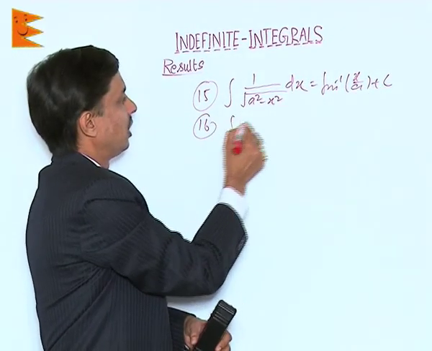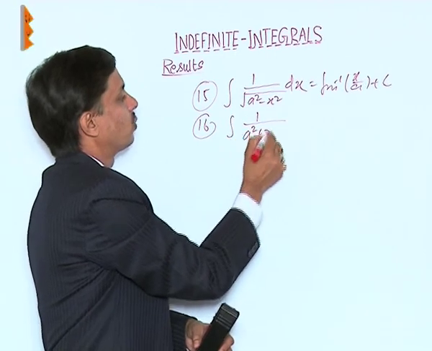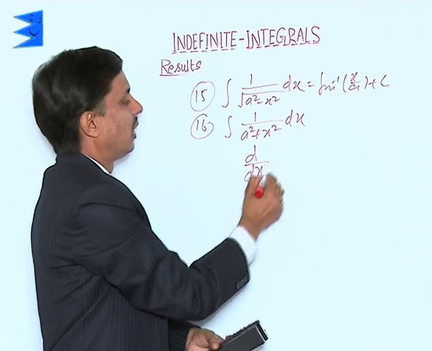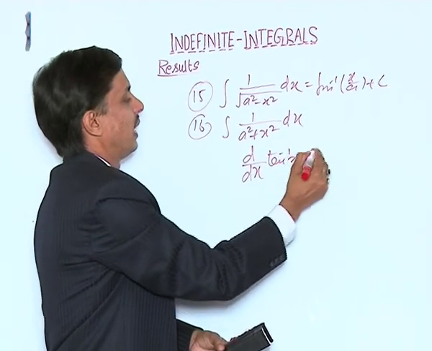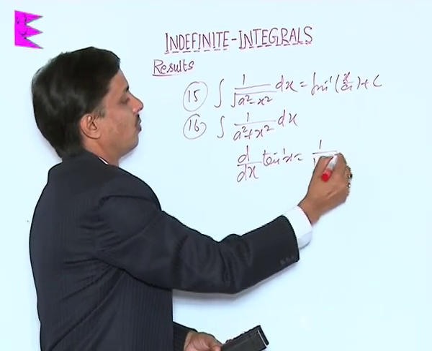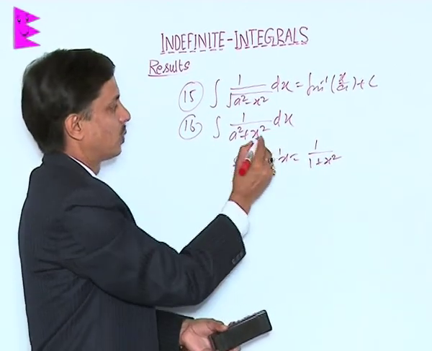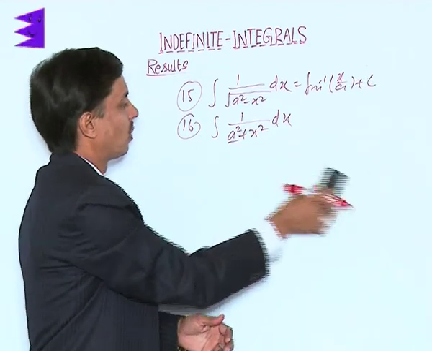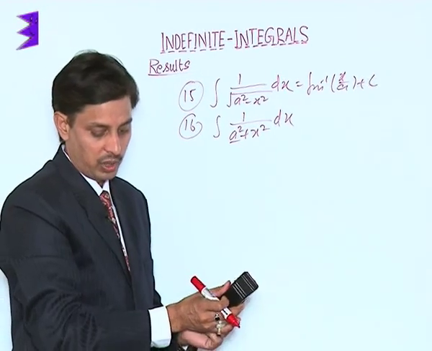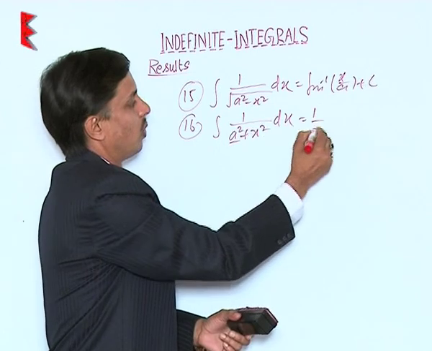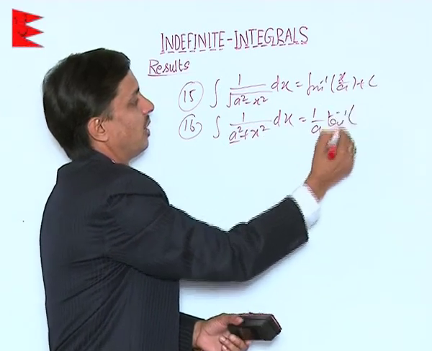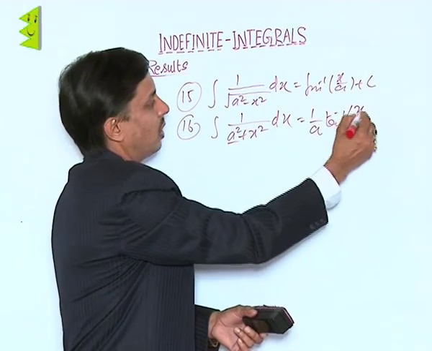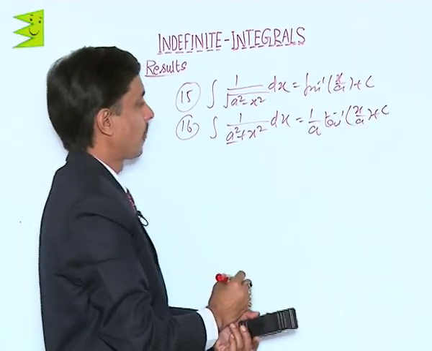The next is the integration of 1 upon a square plus x square dx. You know that the derivative of tan inverse x is 1 upon 1 plus x square. So if a is put in place of 1, then the formula for 1 upon a square plus x square is 1 upon a tan inverse of x upon a plus c.